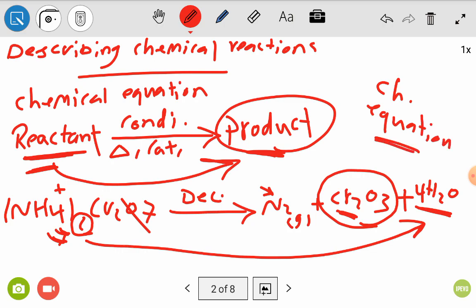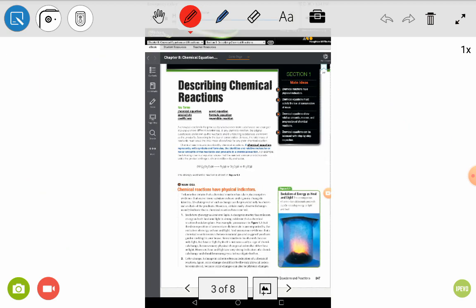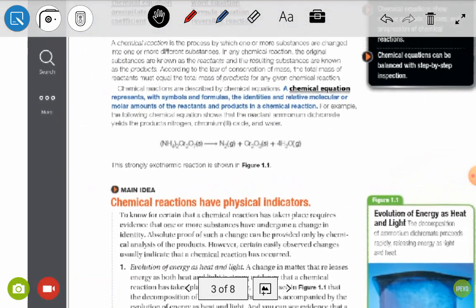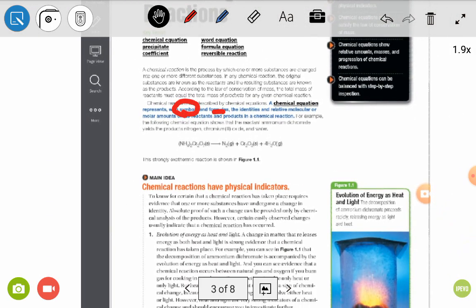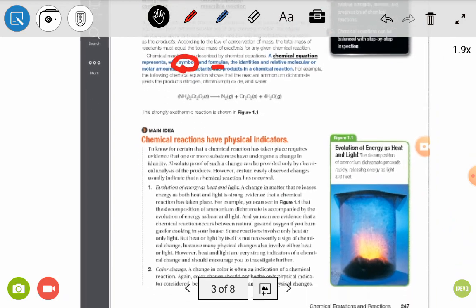Okay, so if we want to define what a chemical equation means, it is simply a representation with symbols and formulas that indicate the relative molar amounts of the reactants and the products in a chemical reaction. Okay, and that was the equation that we were just talking about.